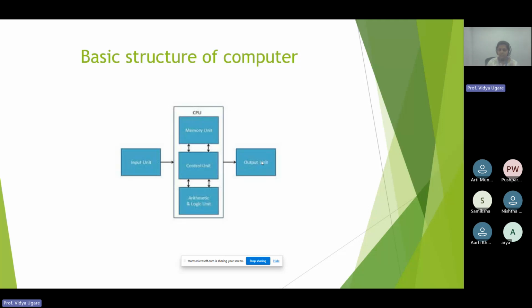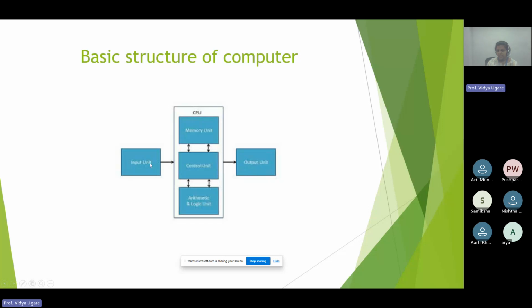So I hope you understood the basic structure of a computer, where the input unit is there, the CPU is there, in which the control unit, ALU, and memory unit are there. Then we have a final output unit, and you can see the arrow mark. You cannot reverse this arrow from the output unit to the CPU, because our screen, the monitor, is not actually giving any instruction to the processor, right?